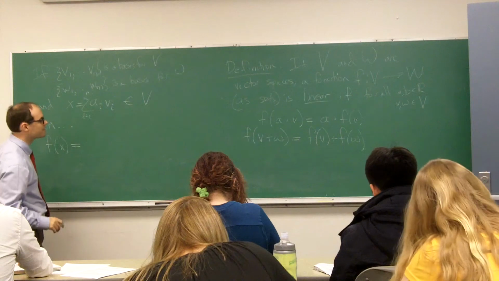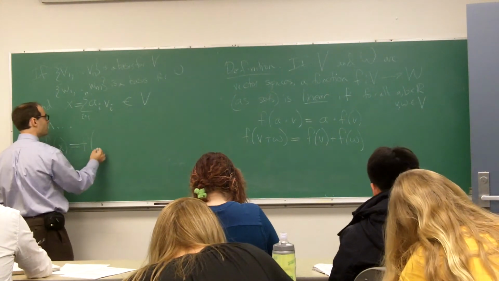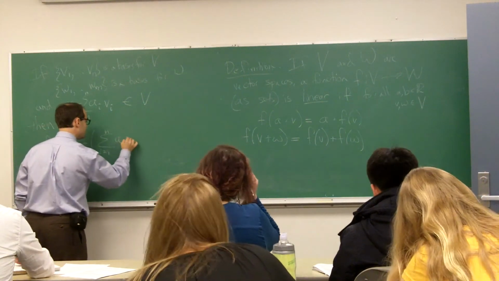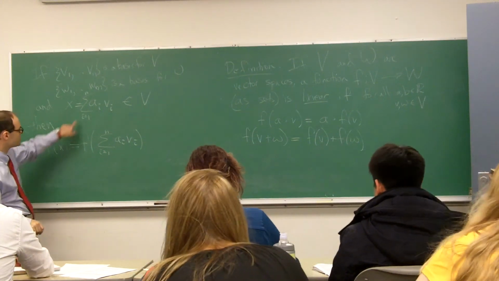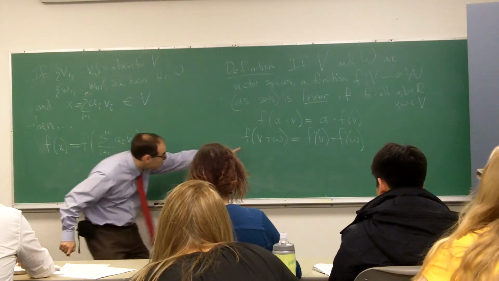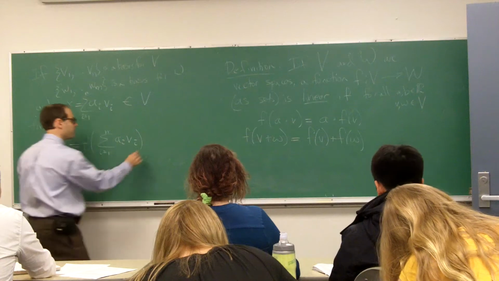Well, now I can start making use of all the axioms I have kicking around here. First of all, I can write out the coefficients, the coordinates of x, just by copying this formula in here. Then I can use the second of these distributive laws with a linear function f.